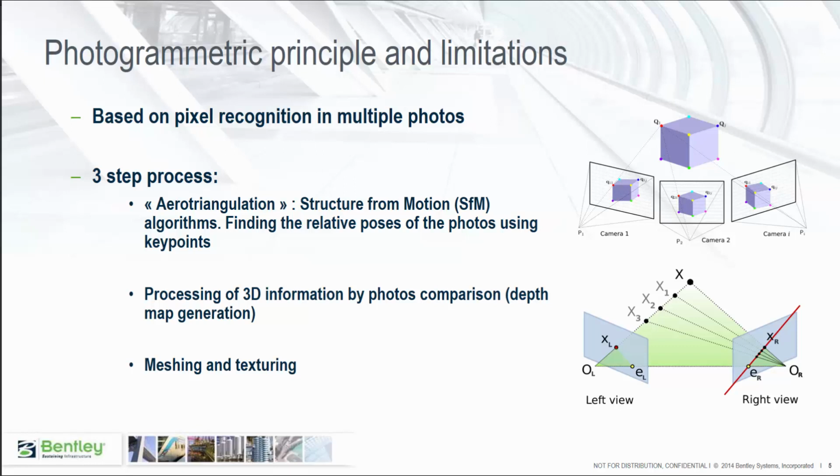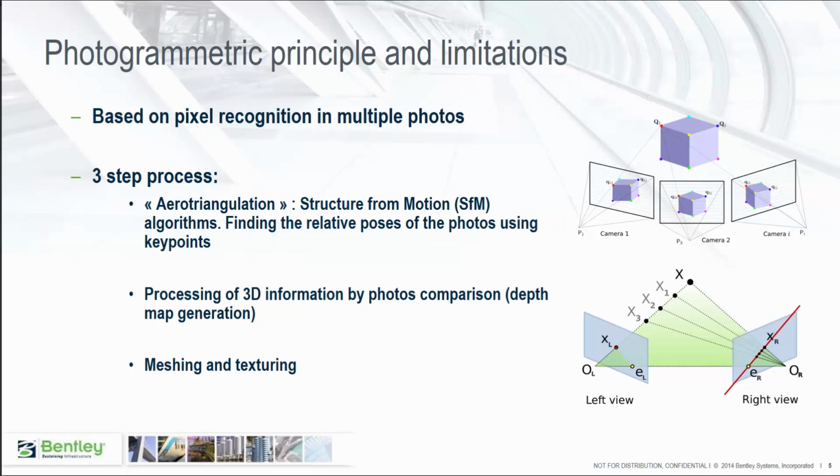The second step is the generation of 3D information from pairs or triplets of aligned photos. For each pair or triplet of photos selected, a 3D point cloud is generated. This relies on the capacity of ContextCapture to detect similar points in the pairs or triplets of photos.